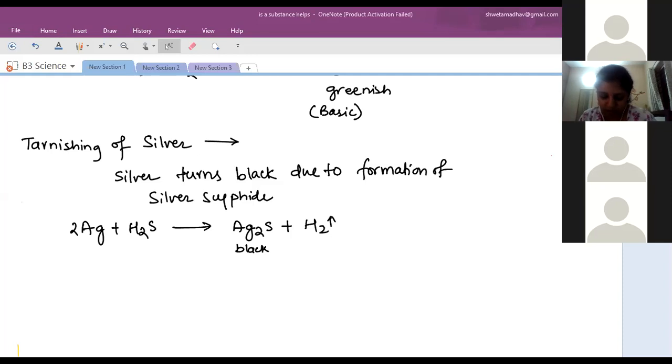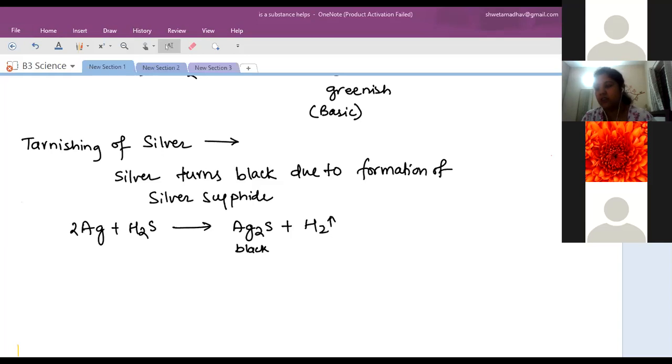Then the third one is by adding some chemicals, which we call antioxidants. They won't allow the substance to react with oxygen. Chips packets, you have seen how they are stored? They are huge in size. They are flushed with nitrogen gas. Chips packets or any oily substances are generally flushed with nitrogen gas.